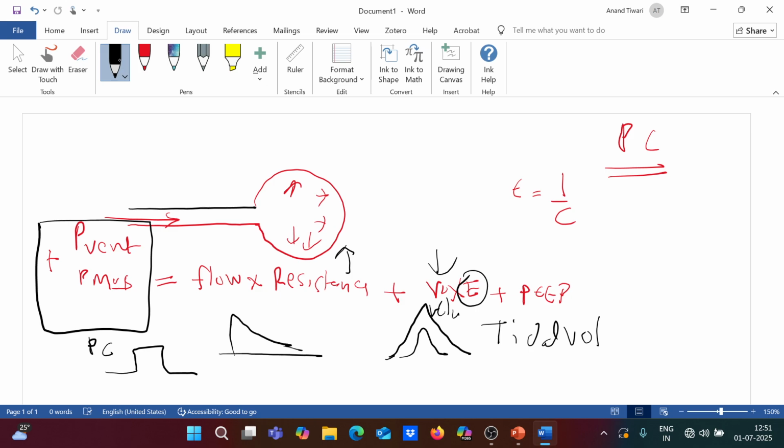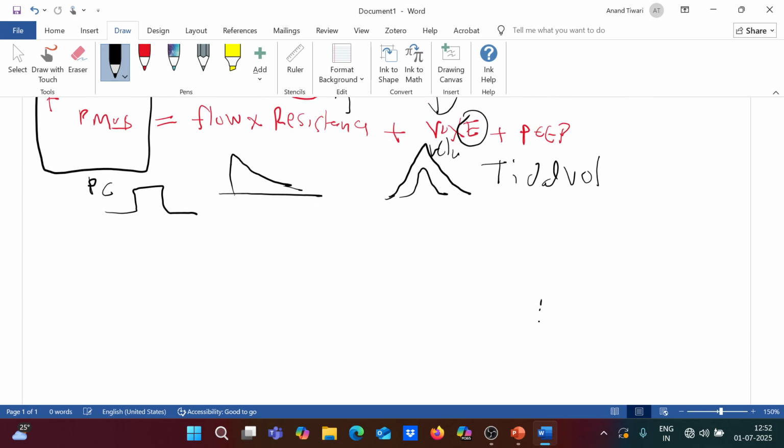Next is the volume control mode of ventilation. In volume control ventilation, again to understand from the equation of motion, the pressure at the end of the ventilator, P vent, is equal to flow. Sometimes we can depict the flow in the books as V dot, flow into resistance plus, we saw, volume by compliance plus positive end expiratory pressure.